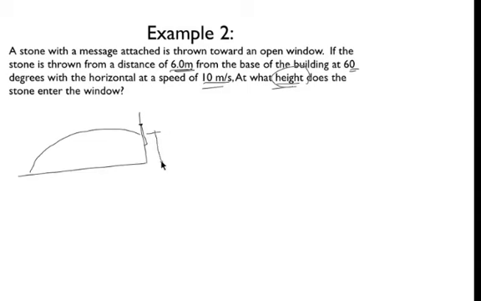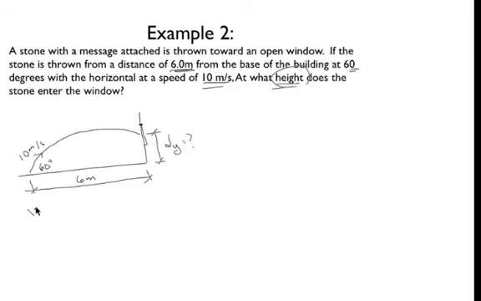We want to know what this height here is, this dy. We're launching this at an angle of 60 degrees at 10 meters per second, and we are standing away from the building at a distance of 6 meters. So now we're just concerned with what this dy is.